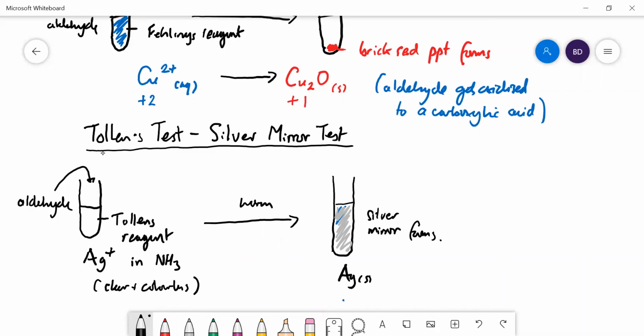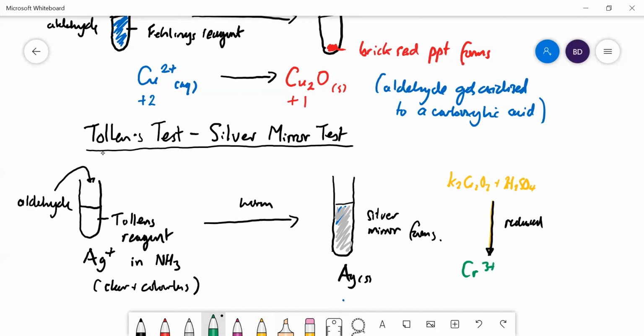Well, while we're here, let's just talk a little bit about acidified potassium dichromate, K2Cr2O7 and sulfuric acid. It's acidified. That's orange, and when it gets reduced, it will go to green, Cr3+.